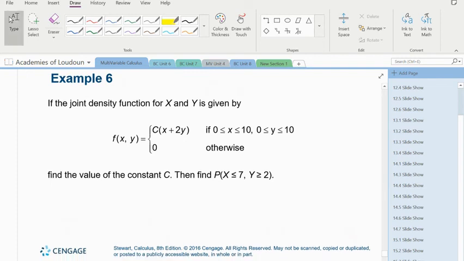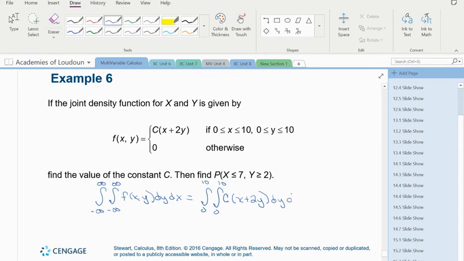Okay, so we're going to find the value of c by ensuring that the double integral of f is equal to 1. Because the function value is equal to 0 outside the rectangle, our double integral from negative infinity to positive infinity and negative infinity to positive infinity of f of x, y dy dx is going to be the integral from 0 to 10, and again the integral from 0 to 10, of c times x plus 2y dy dx.